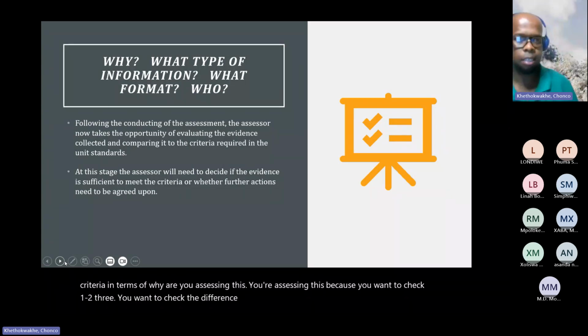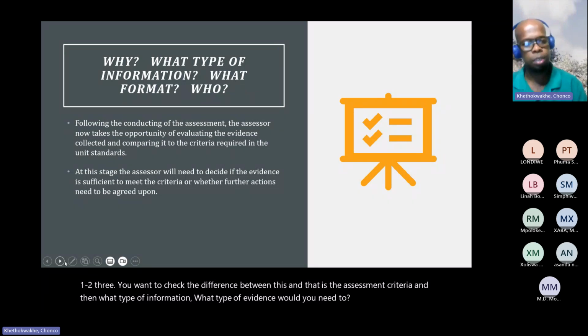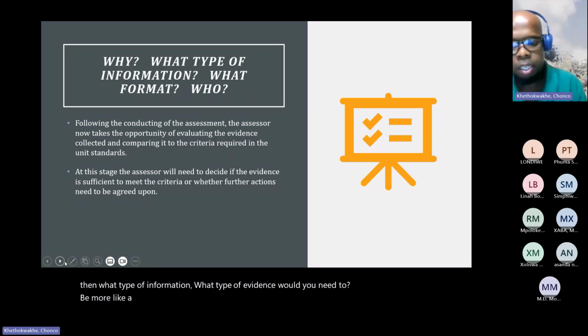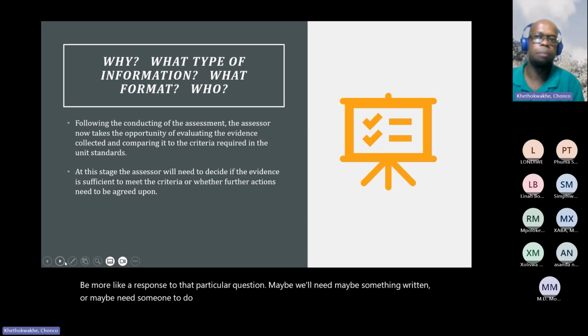That is the assessment criteria. And then what type of information, what type of evidence will you need as a response to that particular question? Maybe you need something written, or maybe you need someone to do a practical, or maybe you'll actually allow people to discuss, to present.